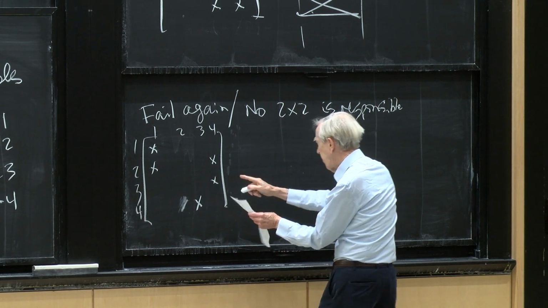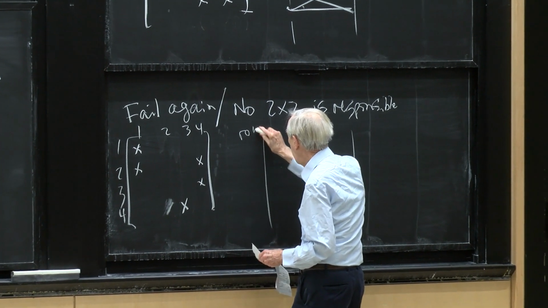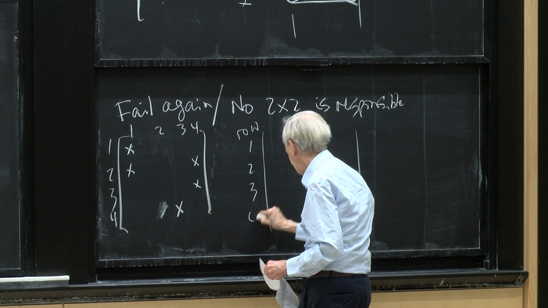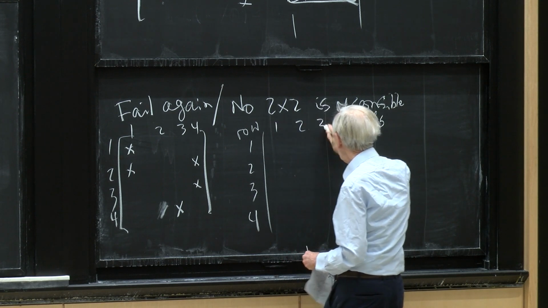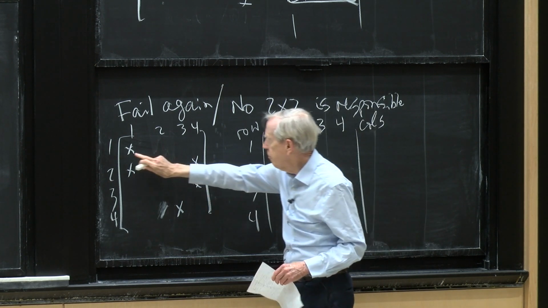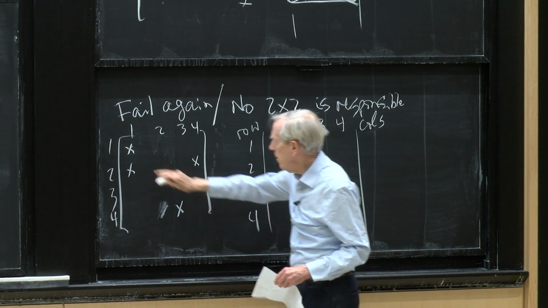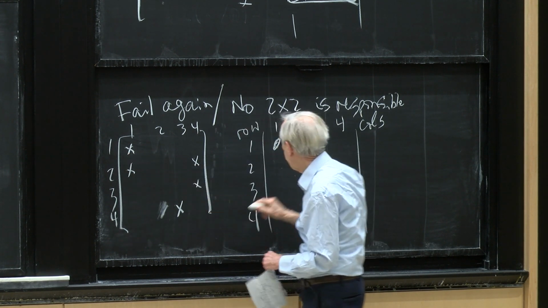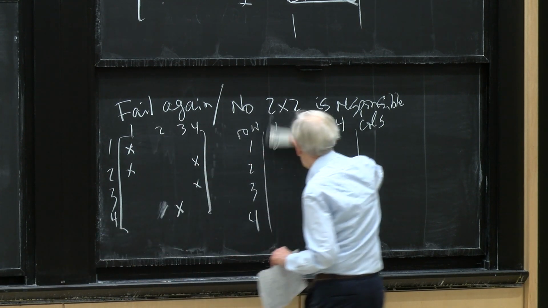So let me draw this picture. So this is rows 1, 2, 3, 4, and this is columns 1, 2, 3, 4. And now what have I prescribed? Oh no, I've forgotten the right way to do the picture.